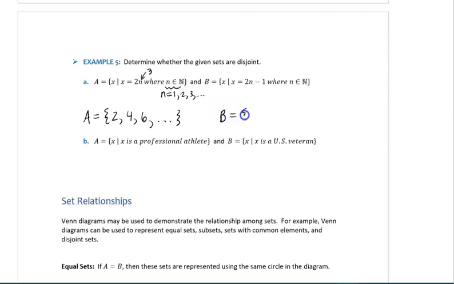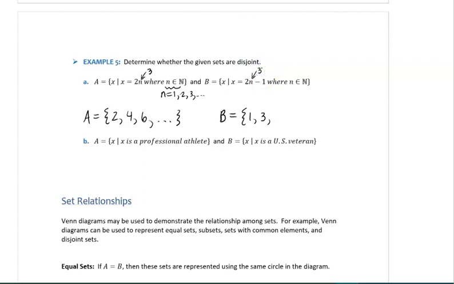We could do the same thing to build set B. So if n were 1, then we would have 2 times 1 minus 1, which would give 1. The next natural number that we could fill in would be 2. So that means that we'd have the element 2 times 2 minus 1, which is 3.